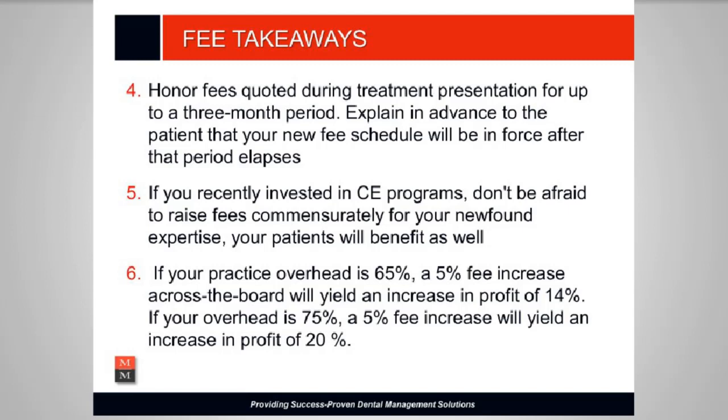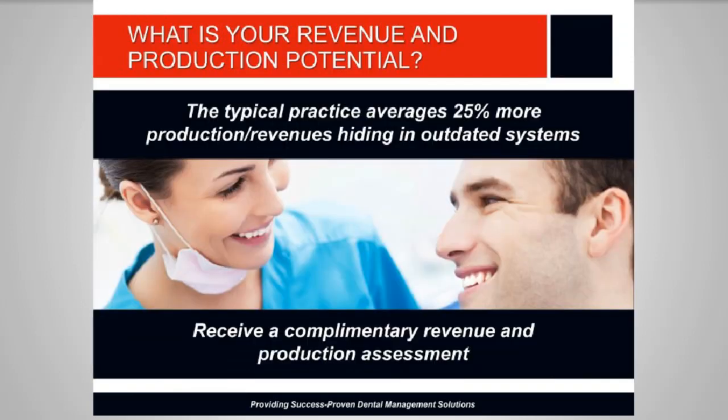It's those kinds of things that show raising the fees can obviously make a big difference in a practice. But it has to be looked at individually, because some of you are in a place where you should not increase the fees, and then some of you are. So you just have to know where you are, and you need to have a professional to be able to identify that as well.